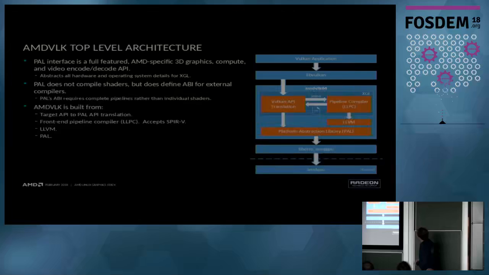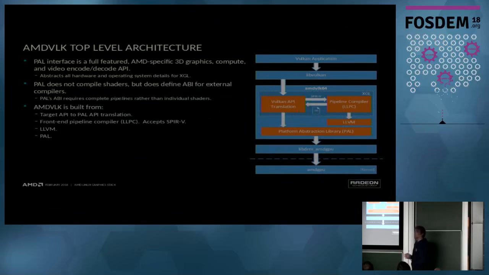Okay, a brief look at the architecture. So this is kind of from top to bottom what is running when a Vulkan application is running. There is a loader, libvulkan, which is provided by Khronos, or actually developed by LunarG, but the details don't matter, so it's vendor independent. It loads the Vulkan driver, and the Vulkan driver internally has two parts. The part that is called XGL because of the legacy, and this one lives in its own repository.